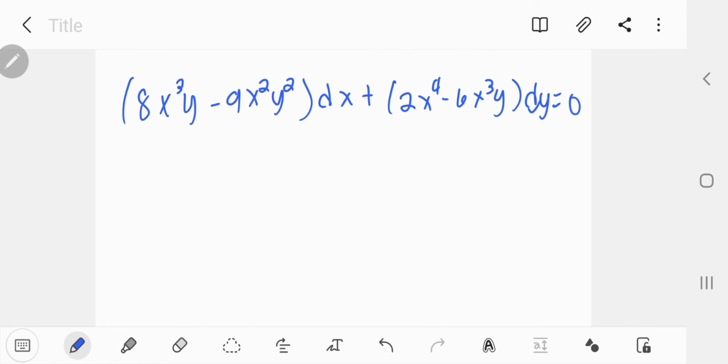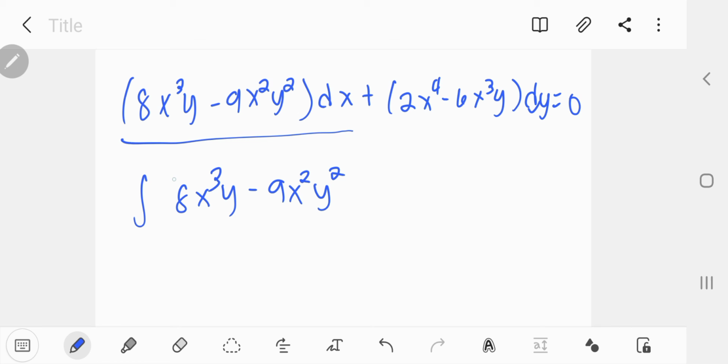In order for us to get the final answer, let us use this part. Let us integrate it. The integral of (8x cubed y minus 9x squared y squared) dx. Every variable of y we consider as a constant. So the integral of 8x cubed is 2x raised to 4, and y is a constant.